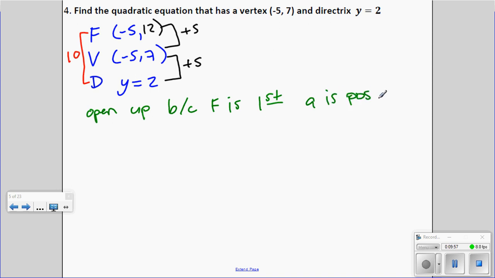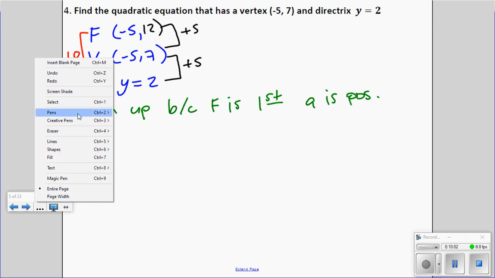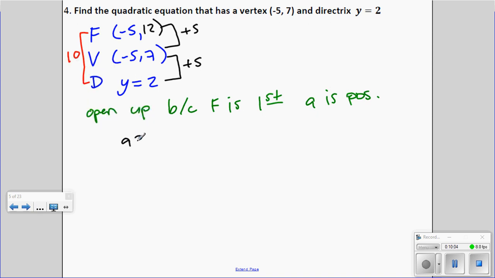All right, so now to find a, we use the formula a is equal to 1 over 2 times the distance between focus and directrix. So in this case, that's 1 over 2 times 10, which is 1 over 20.